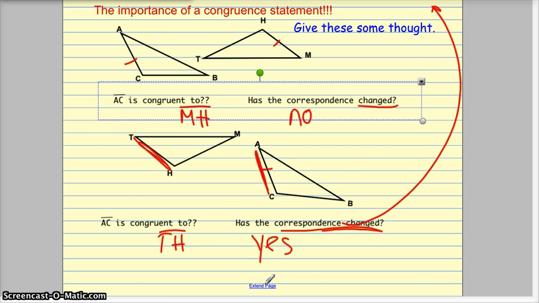The purpose of a congruent statement is so that you're not guessing as to what looks congruent to the other. If you were given a statement that said triangle ACB is congruent to triangle, what did we have on the other page, MTH, then you're not necessarily guessing what looks like what. You know for sure what things are congruent, even if a diagram is not drawn to scale.